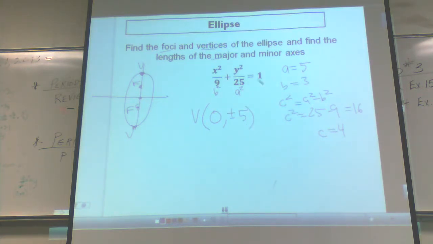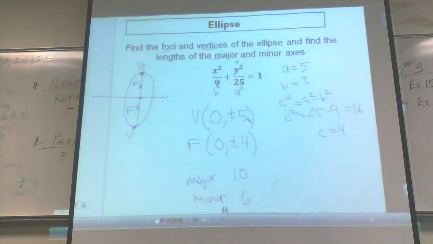Okay, and this is on the y-axis, this is y. The focus points, plus or minus c, 4. Major and minor lengths. The major one should be 2a, so this is 10. Minor one is 2b, so that's 6.